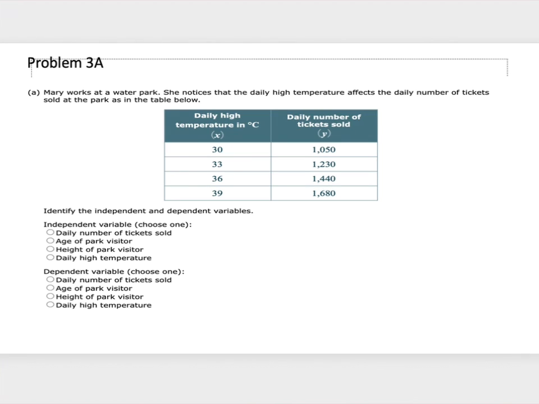Number 3, Mary works at a water park. She notices that the daily high temperature affects the daily number of tickets sold at the park as in the table below. So you can see here, daily high temperature, 30, 33, 36, 39, daily number of tickets sold. Okay, so identify the independent and dependent variable.